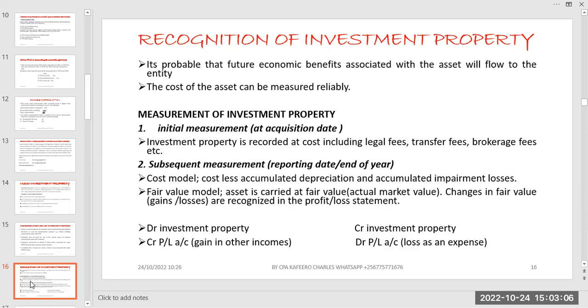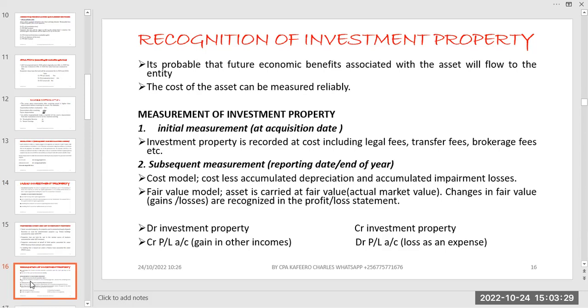We said we do it in two ways. One, initial measurement: when you have just recognized or acquired the asset, which value are you going to assign to that asset? That's what we call the initial measurement.